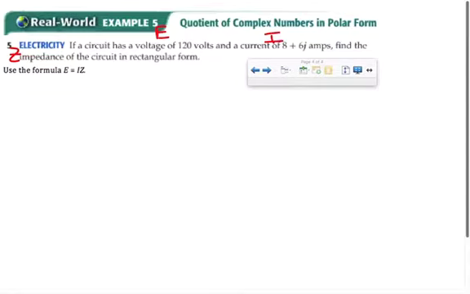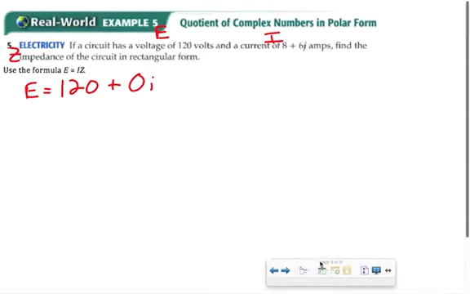So the circuit has a voltage of 120 volts, so I'm going to rewrite that 120 as a polar number. So in order to do that, I need to first realize that it's 120 plus 0I. And so the R for that is the square root of 120 squared plus 0 squared, so naturally that's just 120.